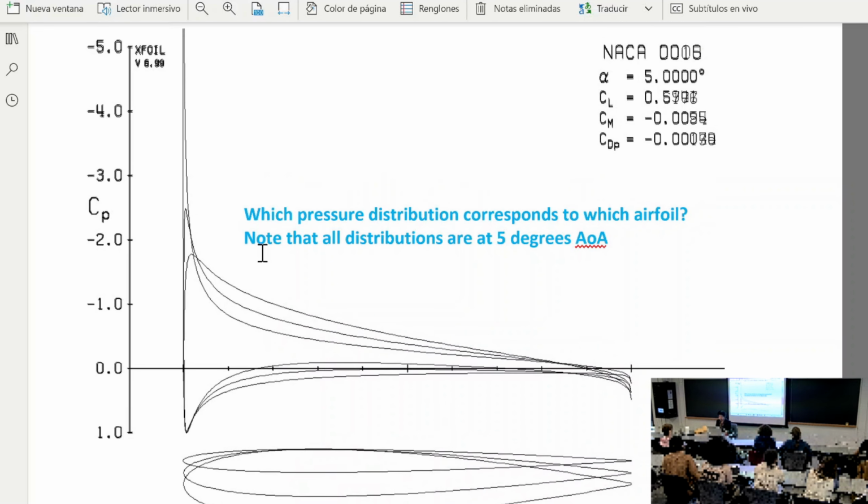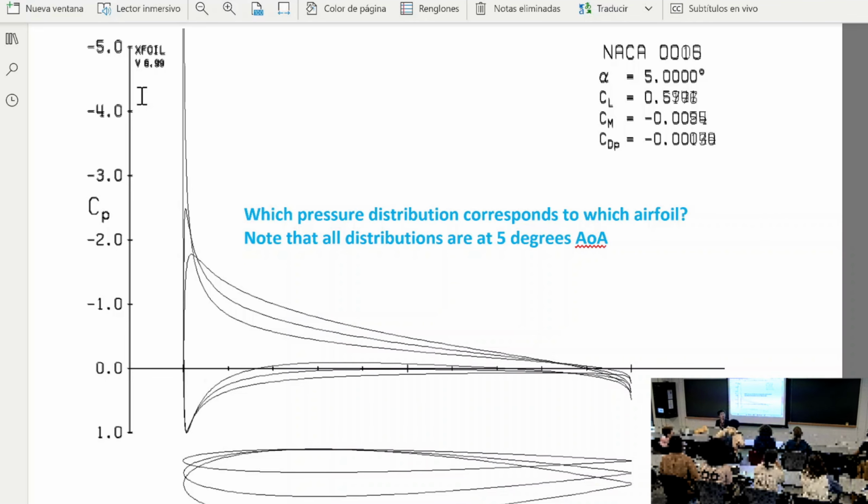This is apparently from 3 pictures stacked on top of each other. So the question asks you to identify which pressure distribution belongs to which airfoil. All of these are at 5 degrees angle of attack. Any ideas of what to use?